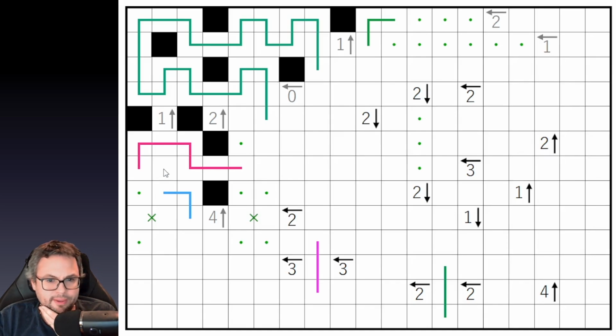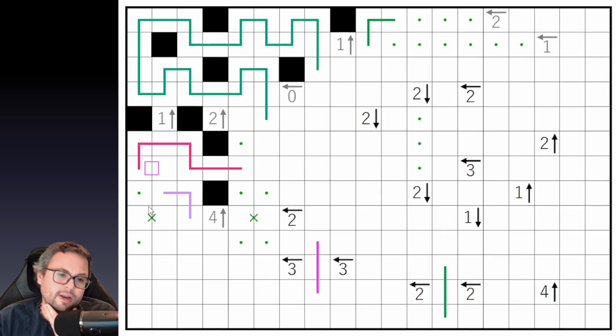Now, here's something slightly fancy. This cell here, and I'm going to phrase it in a way that's less look-aheady than the way I think people would usually phrase this. The way people would usually phrase this, let me phrase it that way first, is that I can't do this, because if I do this, I've made this cell into a dead end, but it's not allowed to be. So here's a different way to think about that.